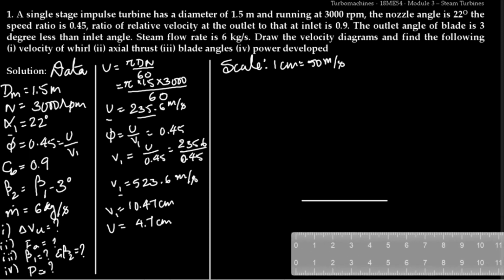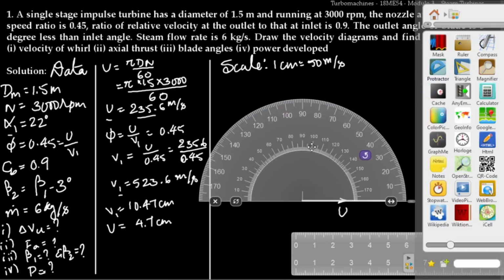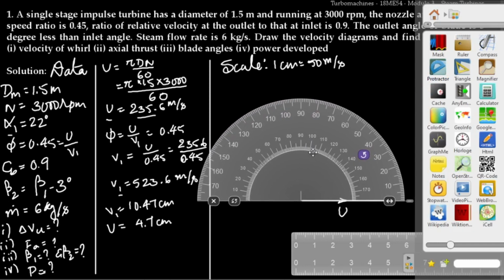This will be my U, and U will be in this direction. Now I need to construct V1. For that, first I will measure 22 degree. I'll keep the protractor here and I'll measure 22 degree. So I'll just put a mark here, approximately 22 degree.